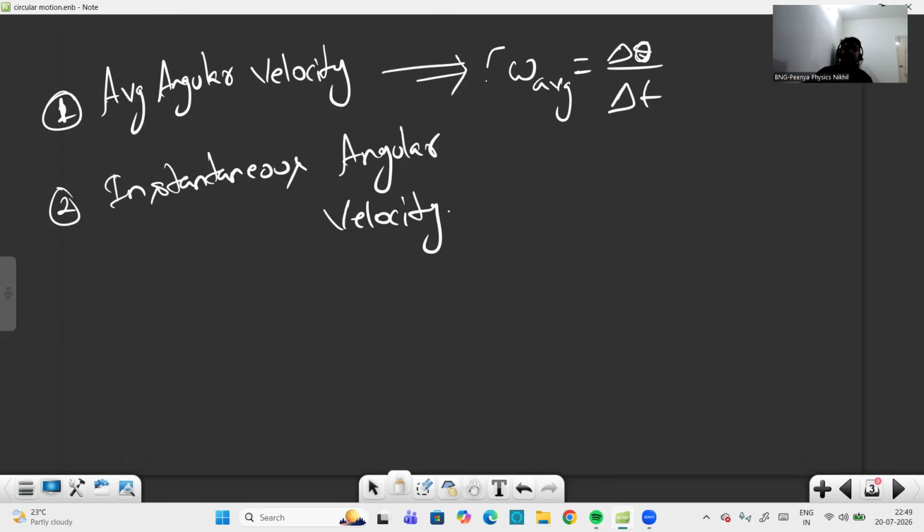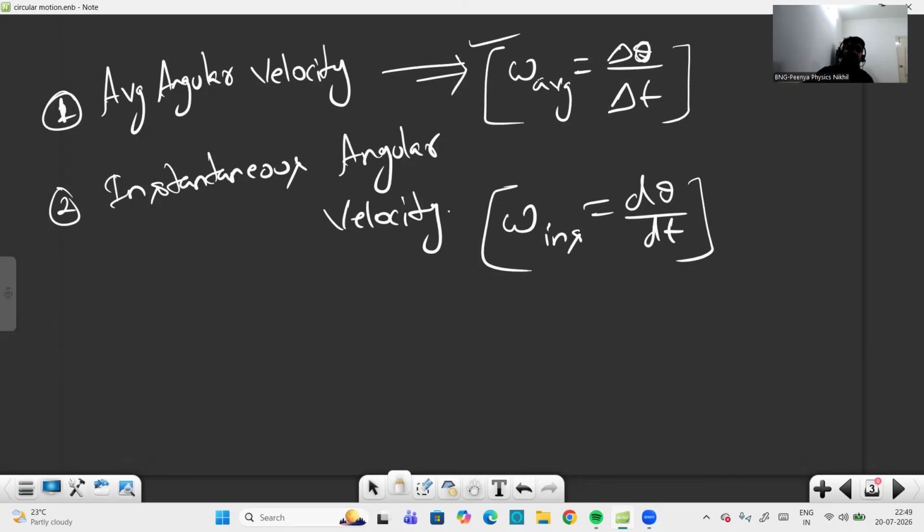Similarly, instantaneous angular velocity, omega instantaneous, is d theta by dt. This is instantaneous angular velocity, and the other is average angular velocity. Both units are radian per second.